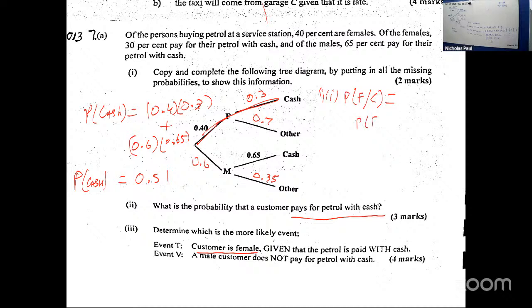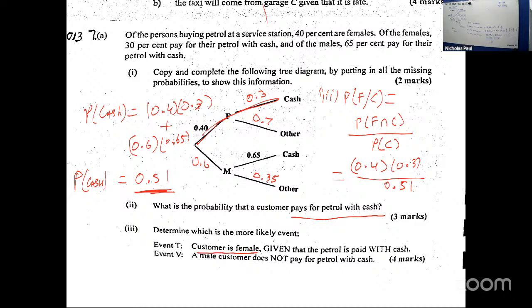Probability of F and C all over the probability of C. How do we get female and cash? We worked that out already. That was 0.4 by 0.3. And cash is what? 0.51. We worked out cash a while ago. Cash was 0.51.